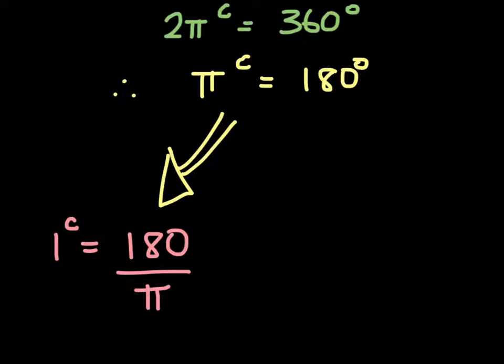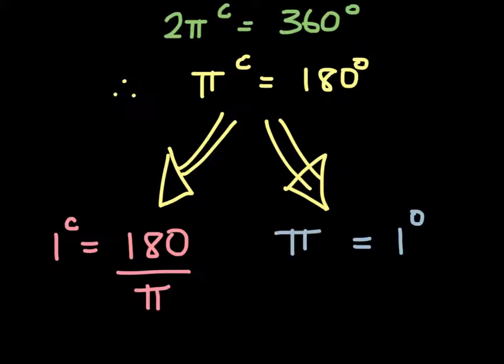Alternatively, if we divide both sides of that statement by 180 degrees, then 1 degree is equal to pi divided by 180 radians. In the example on the next slide, we're going to use these two things to convert between radians and degrees.